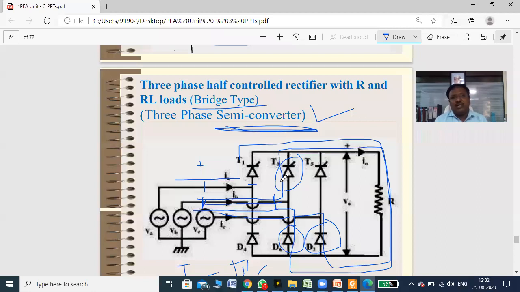Immediately after this class, on your group you can watch the videos and further understand the working of these converters. Even at the end of this lecture we will again discuss all the topics we have covered, and if you have any doubt you can ask me in that lecture.